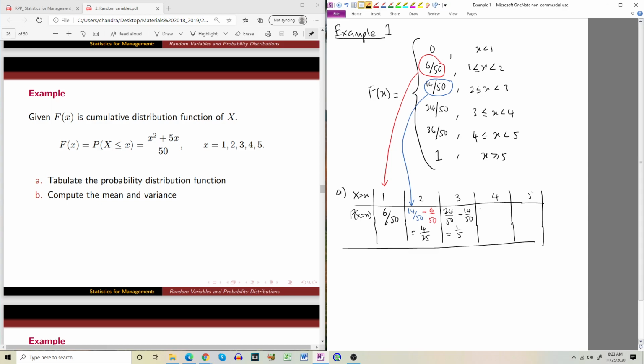Number 4 should be 36 over 50 minus 24 over 50.